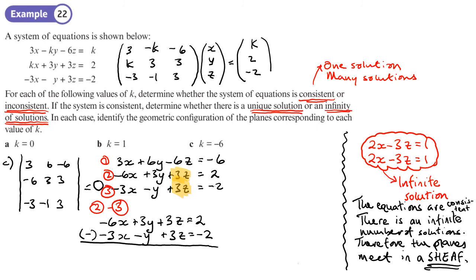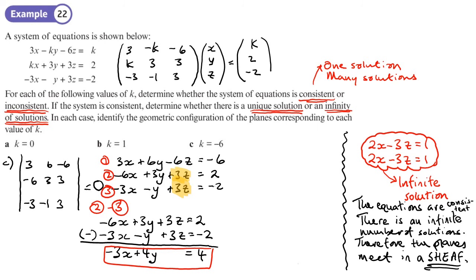Just saves me having to multiply. So I've got -6 plus 3, which is -3x. Then I will have 3 plus y, so that makes 4y. The z's will disappear, and that will equal 2 plus 2, which is 4. Okay, can't simplify that, so that's going to be my first equation.